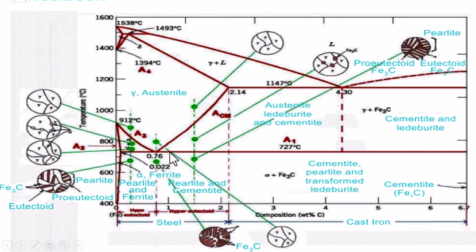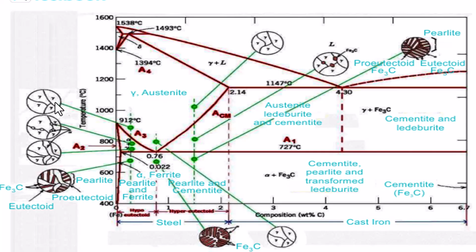This is simply called pearlite. You can see the pearlitic structure here in the figure, with alternate layers of ferrite and cementite. So this is called pearlite.